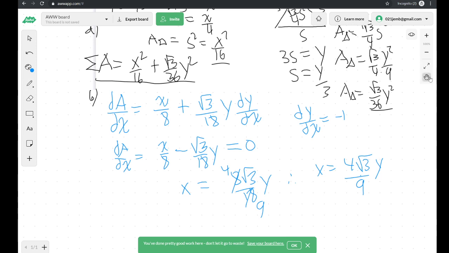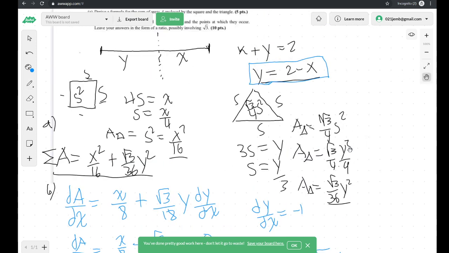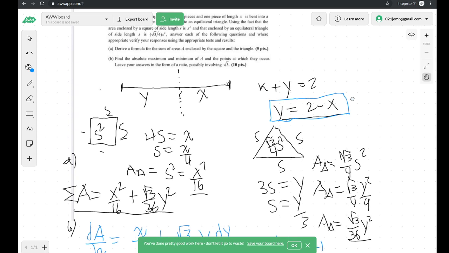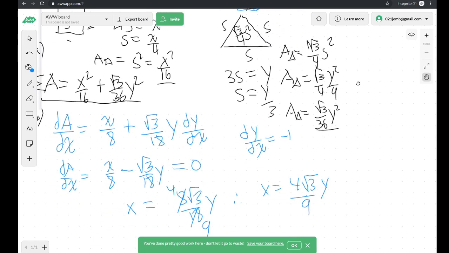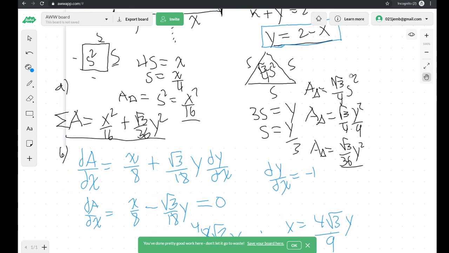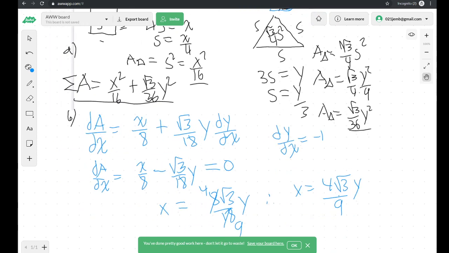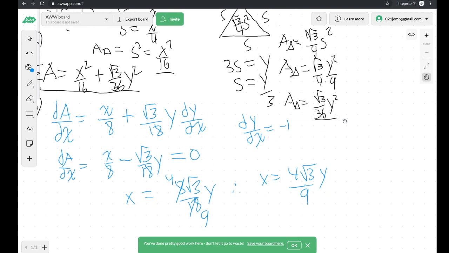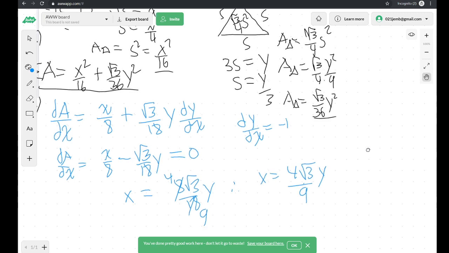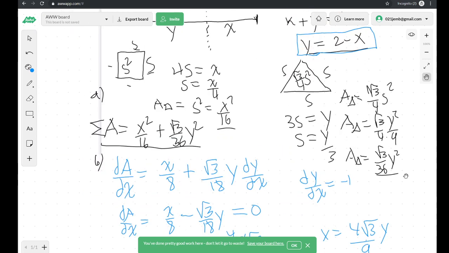Okay, so you can visualize it by substituting this value into x. But to do that, you have to solve for s in terms of each variable, and we did that already. We found that s equals y over 3 for the triangle, and that s equals x over 4 for the square.